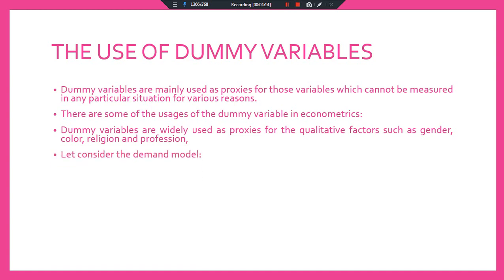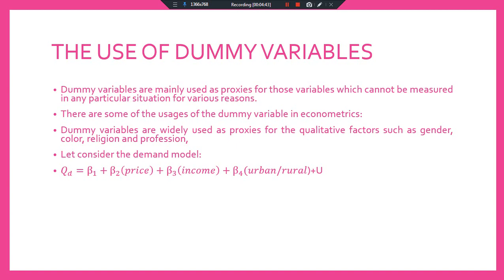Let's consider a demand model here. QD depends upon prices, income, and urban or rural areas. So here we have price data and income data in a quantitative shape, but we cannot measure the urban or rural category or geographical region.